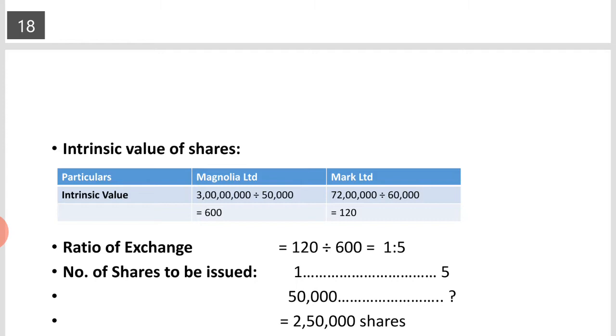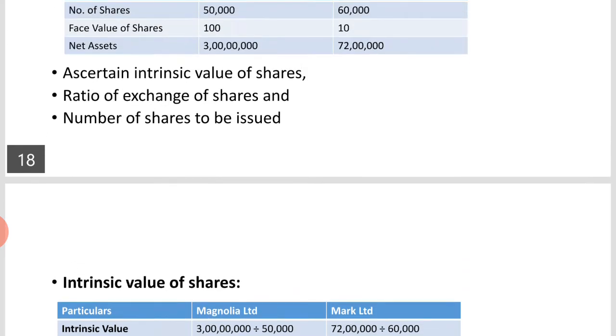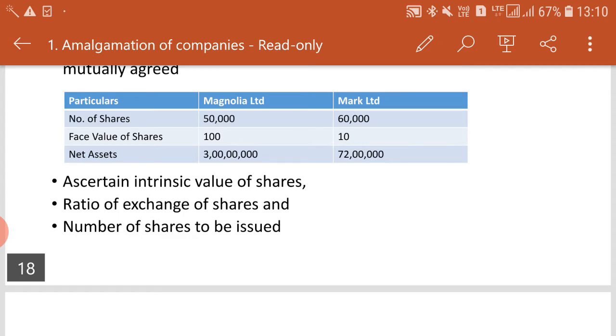In a similar manner, assets available to Mark Limited is 72 lakh and the number of shares of Mark Limited is 60,000. So the intrinsic value of share of Magnolia Limited is 600 and the intrinsic value of share of Mark Limited is 120. So the first part, which asks us to find the intrinsic value of share, is complete.